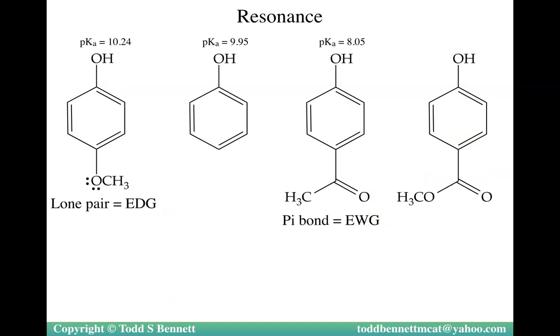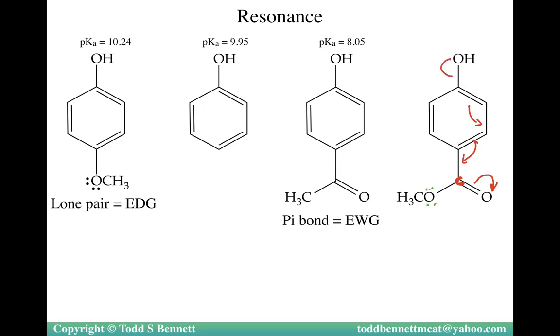This group, trying to figure out what exactly it is, this first atom attached here, electron withdrawing group. But because of the lone pair here on this O, because that can donate in, this is going to withdraw a little bit less.